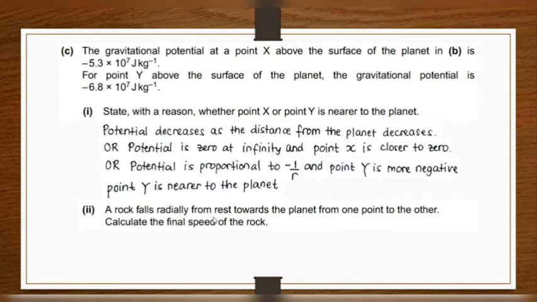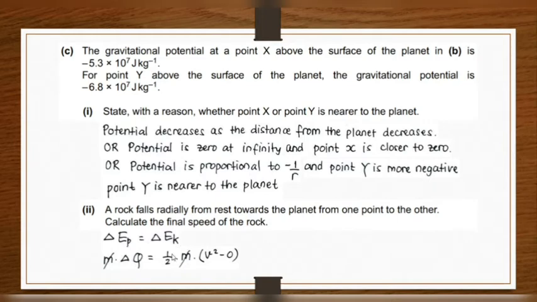A rock falls radially from rest towards the planet from one point to the other. We want to calculate the final speed of the rock. In this problem, we have to know that the change in potential energy will be the same as the change in kinetic energy. The change in potential energy is equal to mass times delta potential.